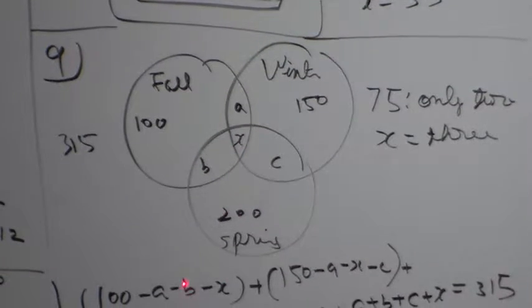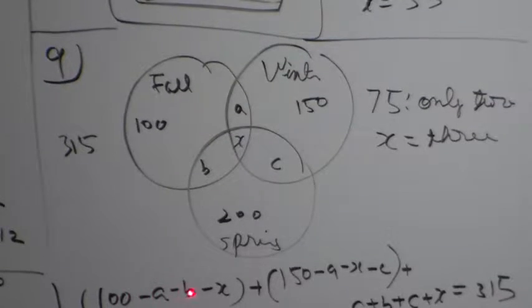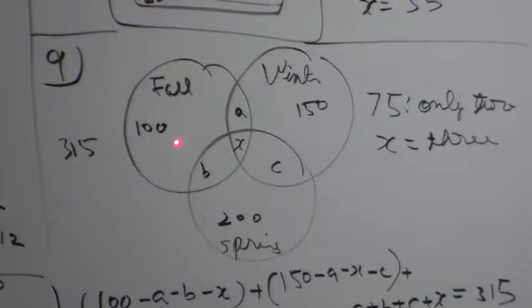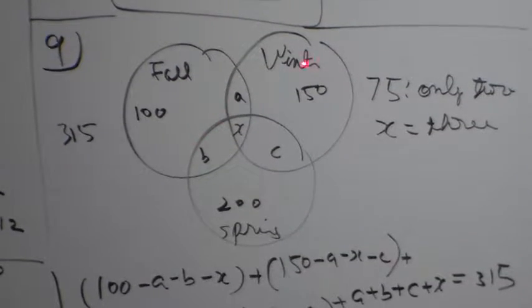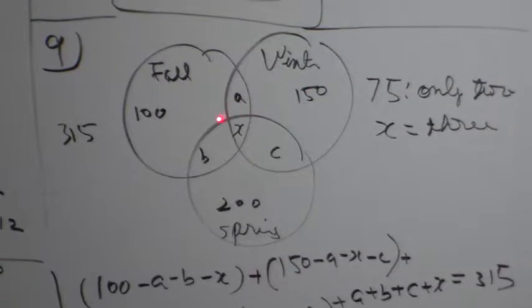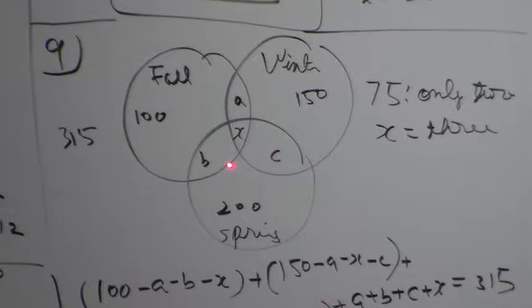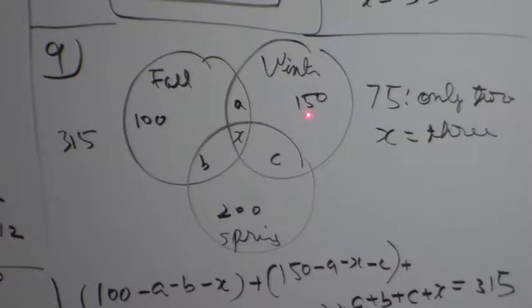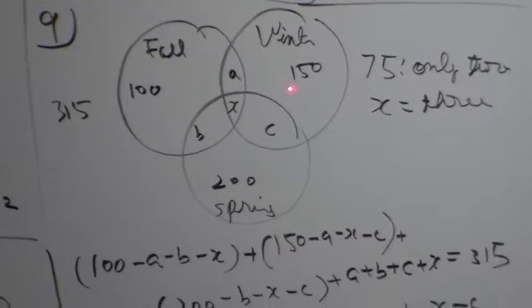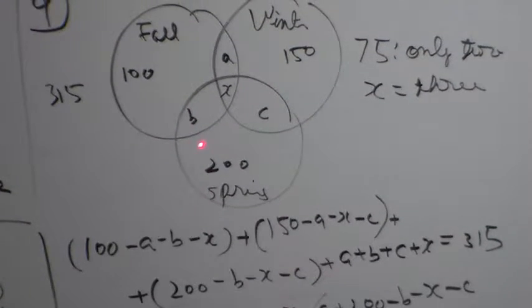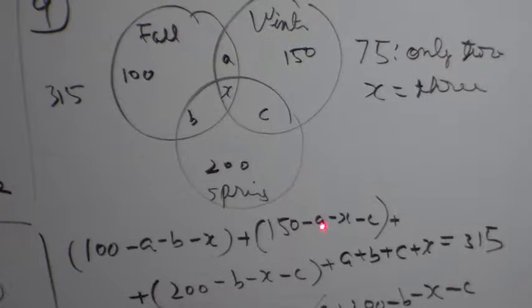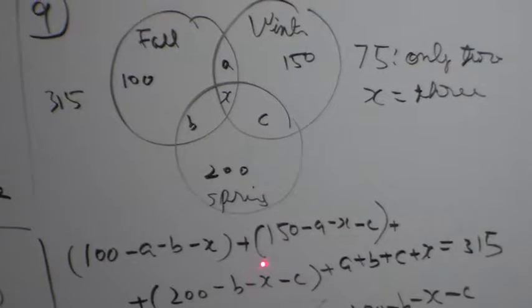So 100 minus a minus b minus x is only fall. Same as 150 minus a minus x minus c is only winter, and then only spring is 200 minus b minus x minus c.